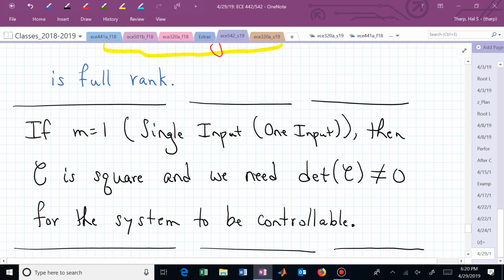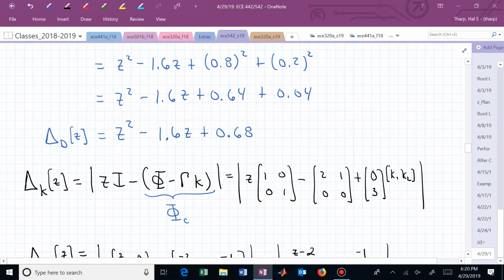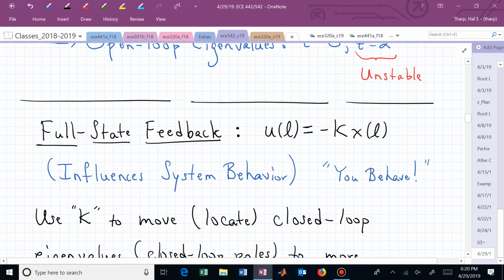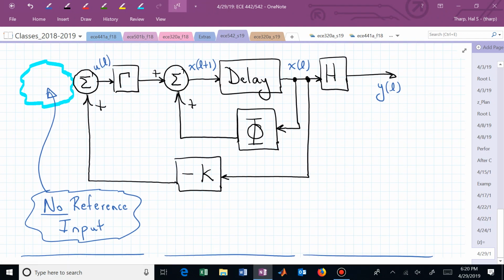Or, kind of a vague question, but if I go back far enough to this picture, if we're using full state feedback, we can tell the system how to behave, but can we tell it where to go?